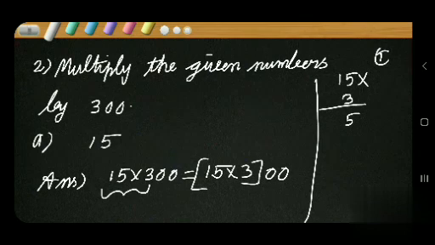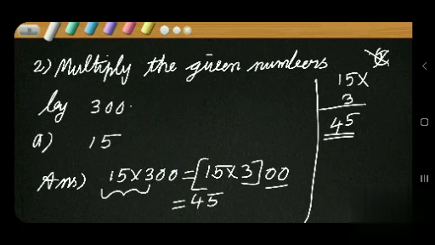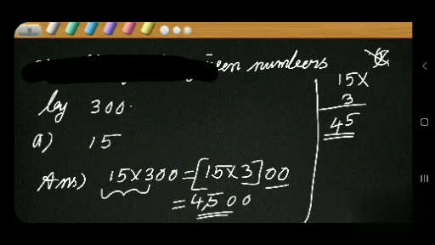And 3 1s are 3. 3 plus 1, 4. 45, isn't it? How many zeros? Here 2 zeros. How to read this number? 1s, 10s, 100s, comma. The number is 4500. Got it?